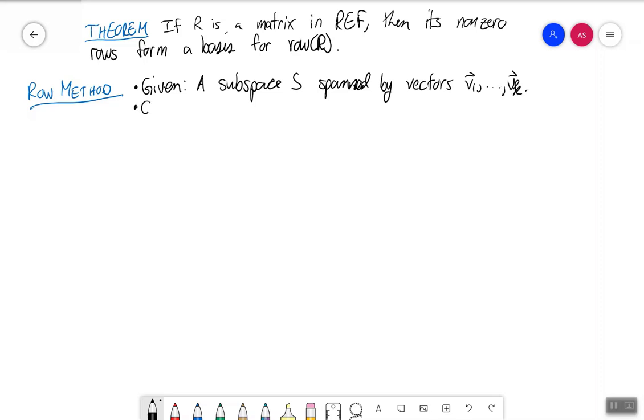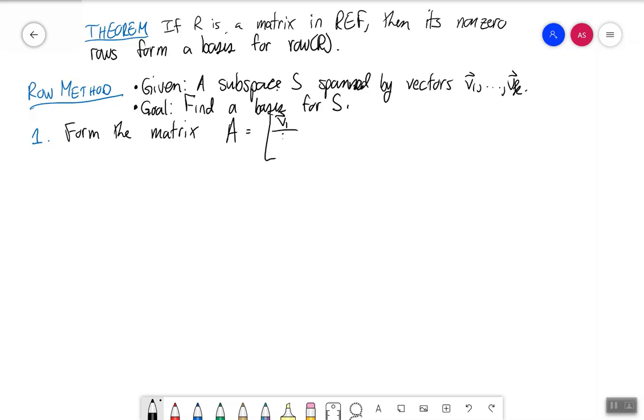And our goal is to find a basis for S. Here are the steps of the row method that will allow you to do this. Step 1, form the matrix A whose rows are our given vectors.